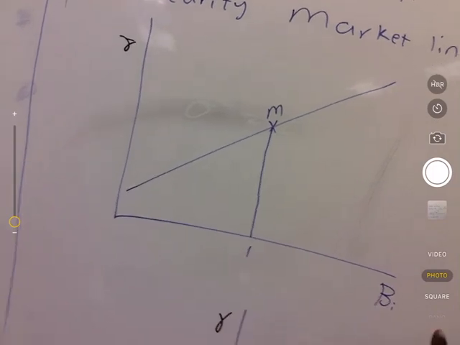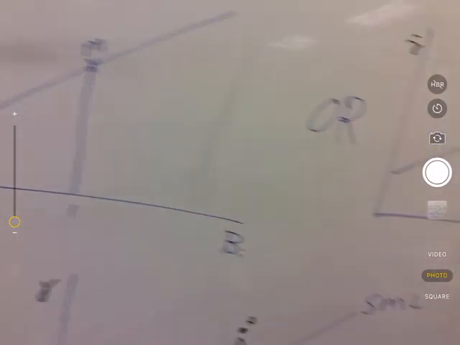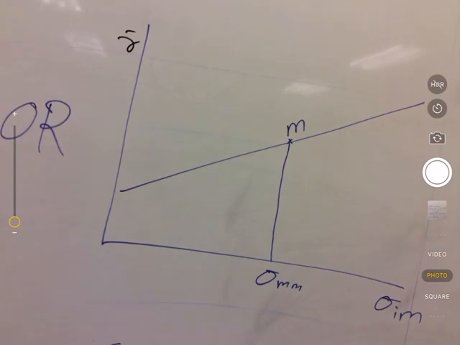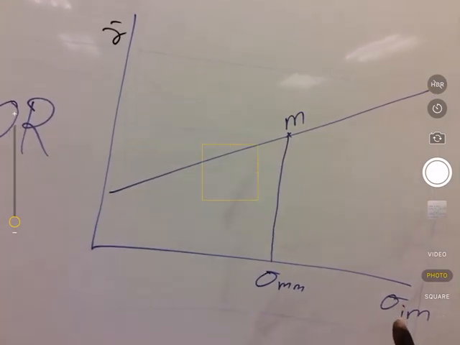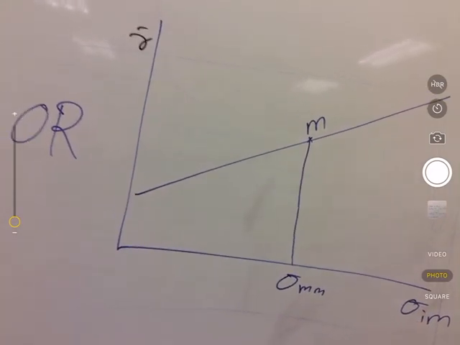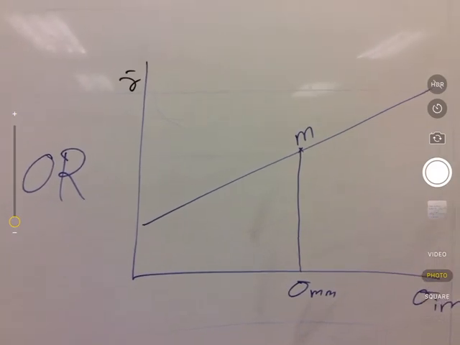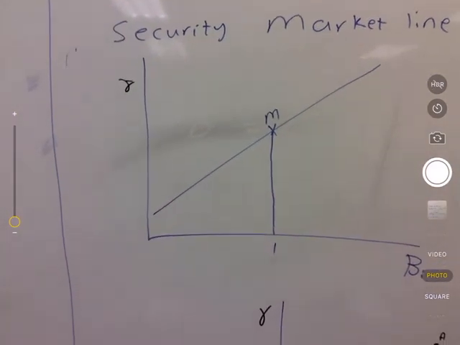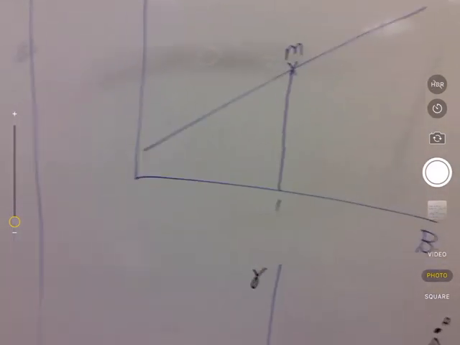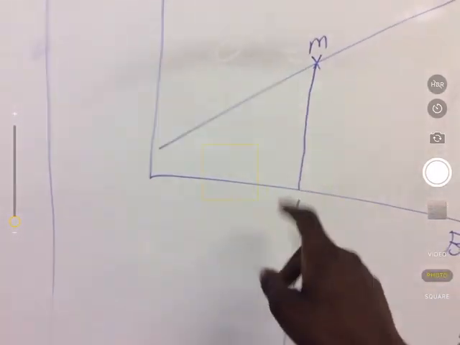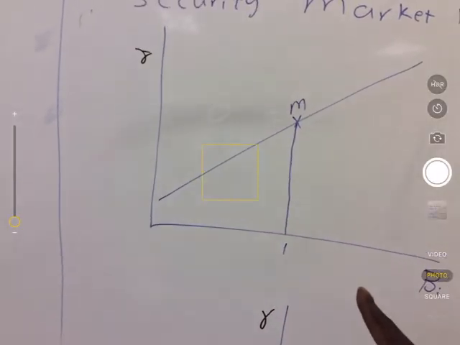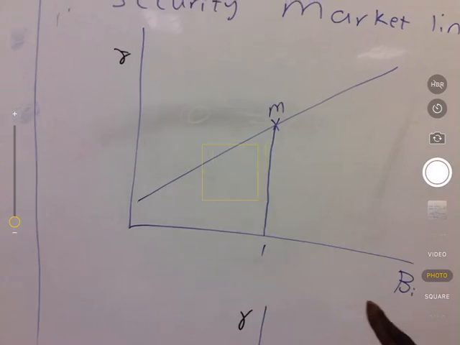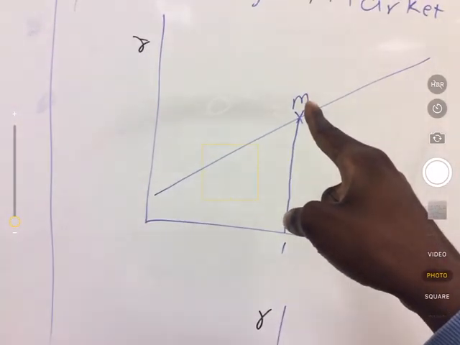You can use the one which has a beta, or you can have the one which has the covariance. Either one would be fine. If I use the beta version, and beta is equal to 1, then you would agree that this asset would be the market portfolio.